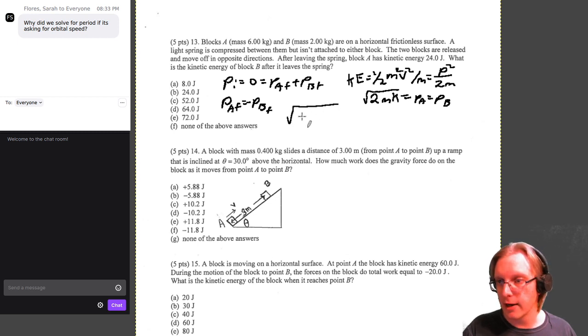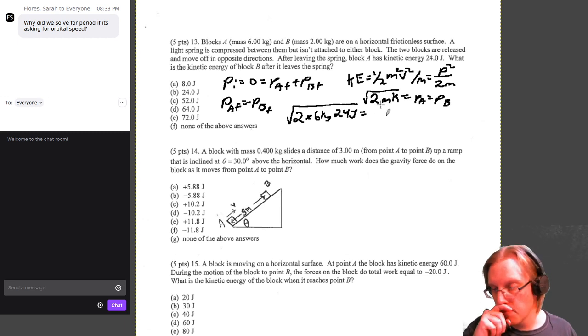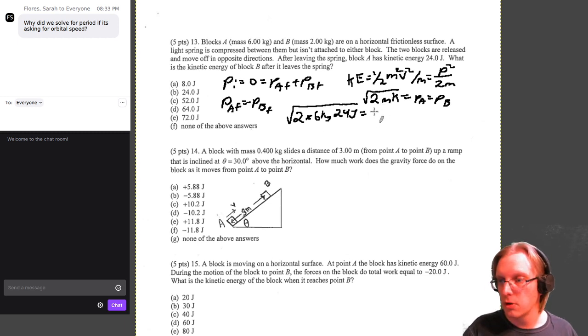I'm so glad I did that. 2 times the mass, that's 6 kilos, times its kinetic energy, 24 joules, is equal to, our answer is equal to, oh, right? Yes. And then, actually, let's not do that.